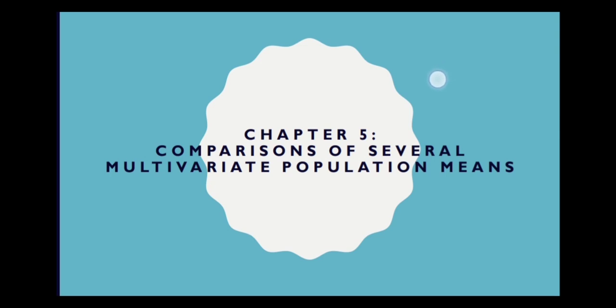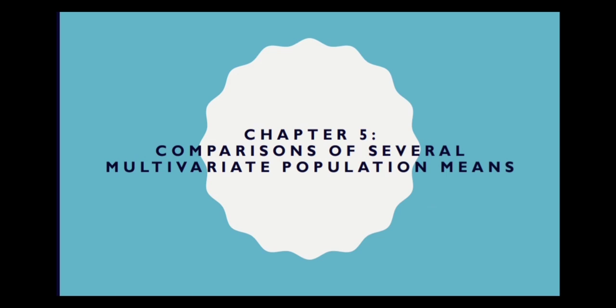From previous chapter 4, you have learned how to know whether a certain mean vector is a plausible value for the population mean, right? Multivariate population mean untuk satu population.